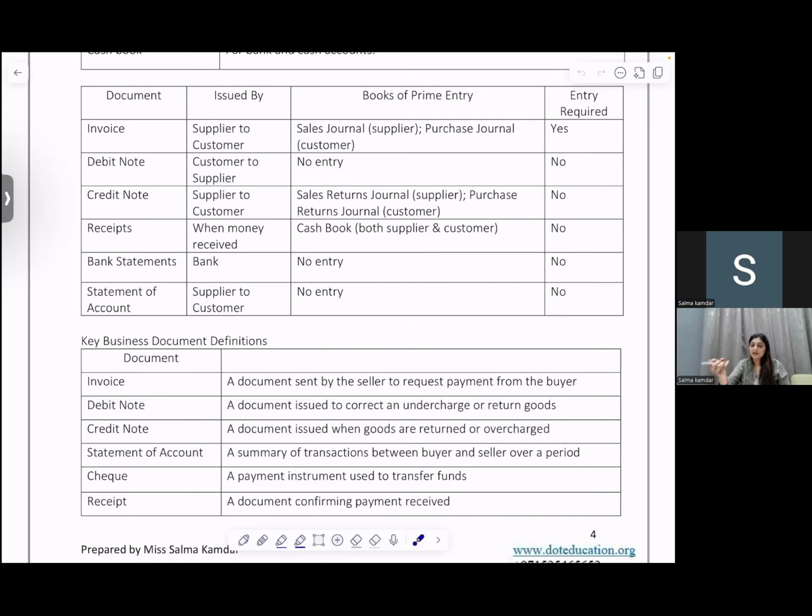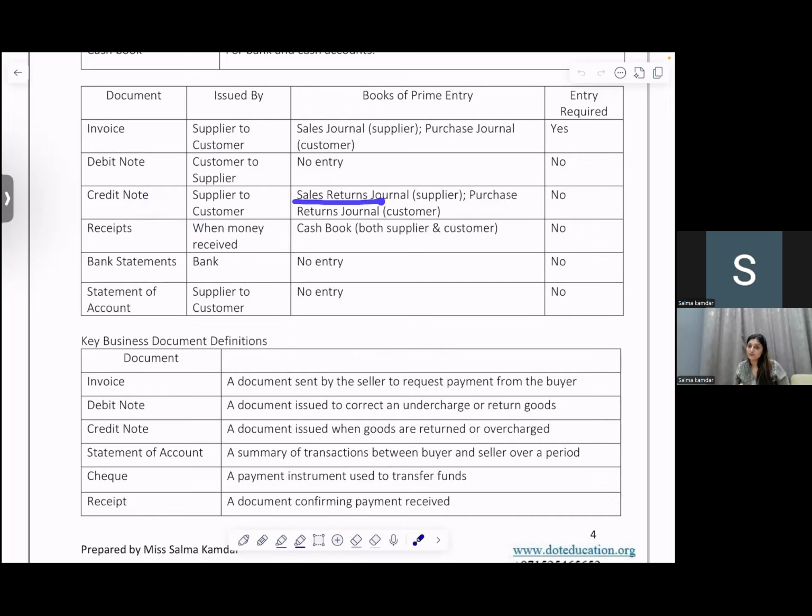Once the customer gives me the debit note, I say okay, fine, I allow you to return the goods to me. In that case, I, again the supplier, will issue to the customer a credit note. A credit note is issued for sales return.